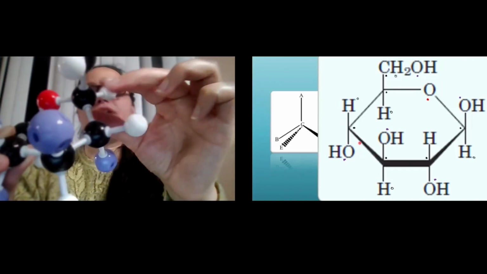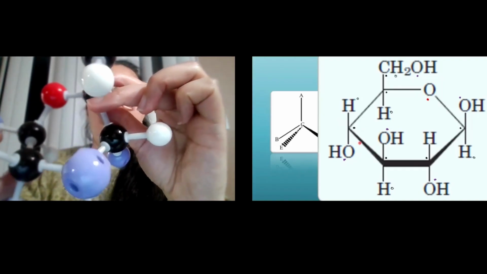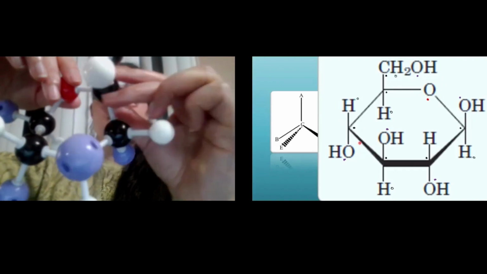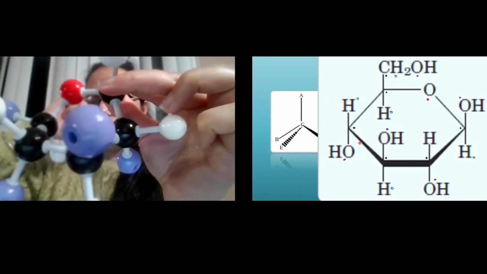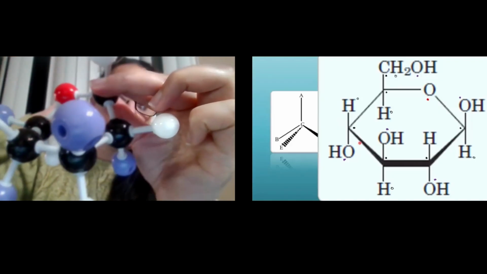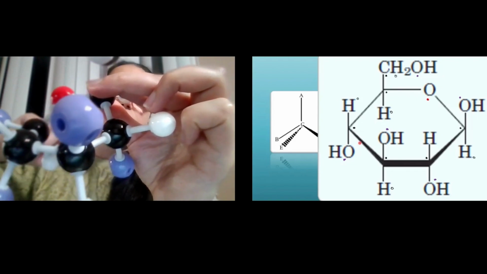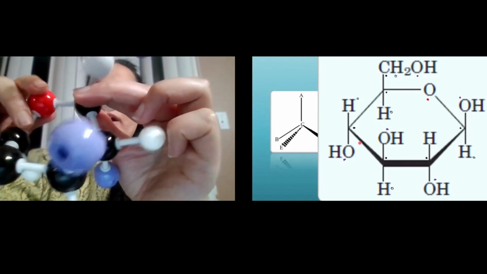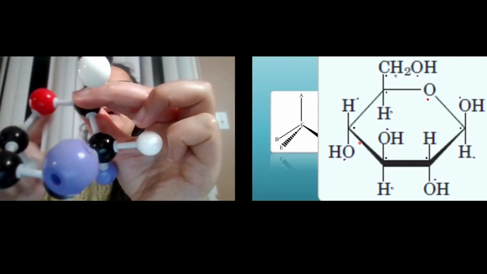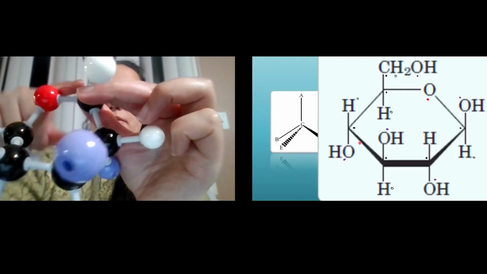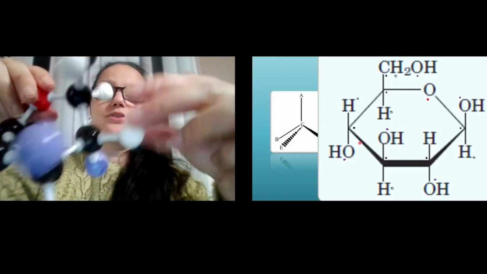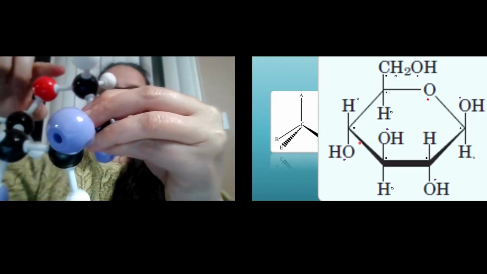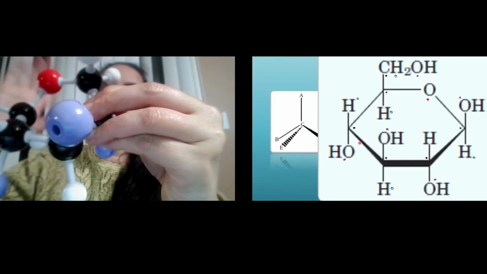Then we come to carbon number 5 over here. In the formula 245, it is mentioned that on carbon number 5 also the hydroxyl group is on the right hand side of the chain, but over here carbon number 5 is no more left with the hydroxyl group. The oxygen is already bonded with carbon number 1.